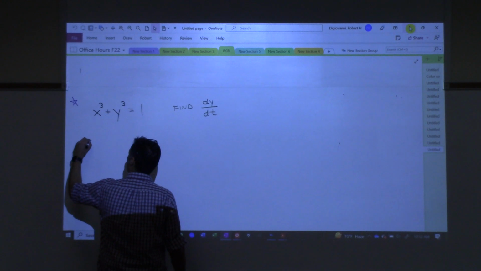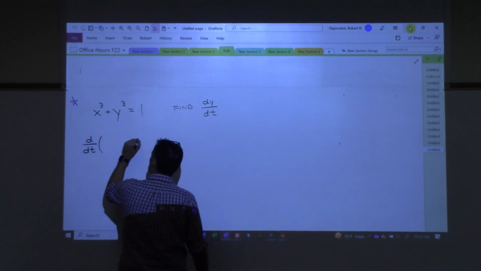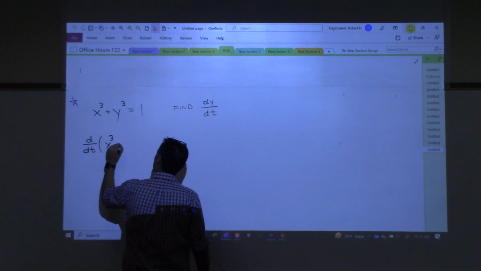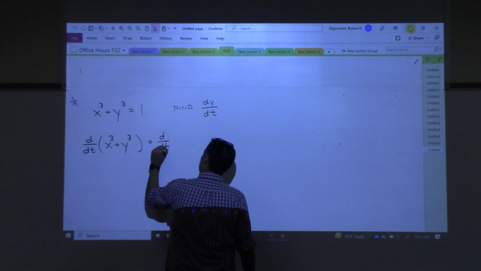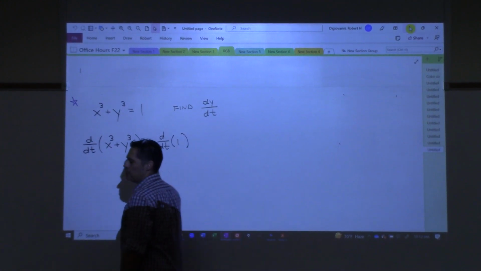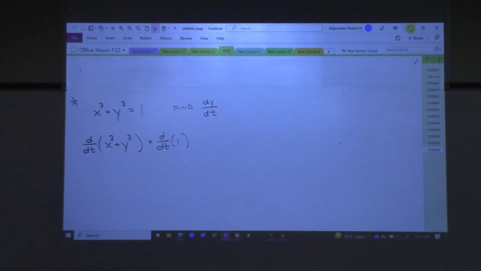So I'm going to differentiate with respect to t the left side of the equation, and then I'm going to differentiate with respect to t the right side of the equation. The good news is the right side is still 0. I think I told you this.